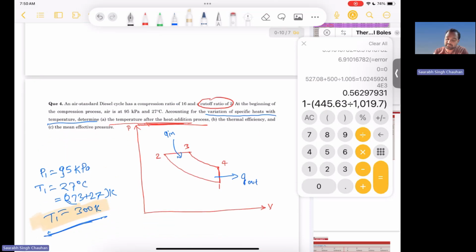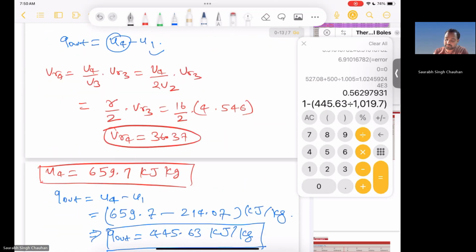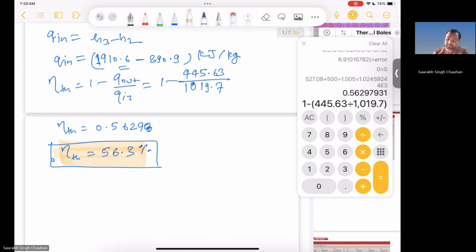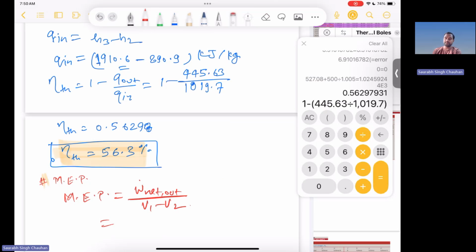What else we need to calculate? The mean effective pressure. So mean effective pressure is net work output divided by change in volume, shaft volume.